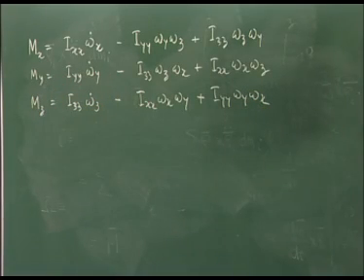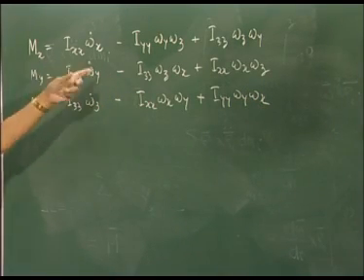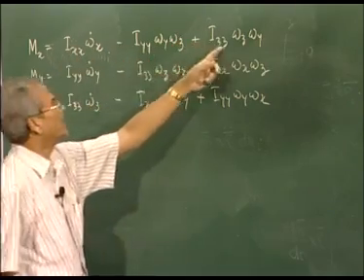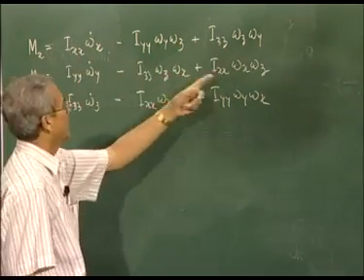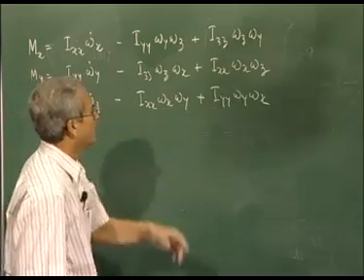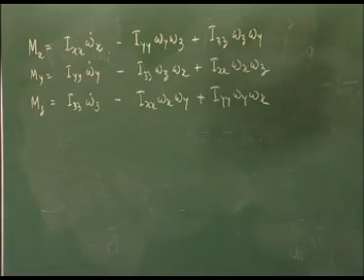This form is easy to remember because x, y, z is in circular form: x, y, z, y, z, x, z, x, y. So that's how one can easily remember.